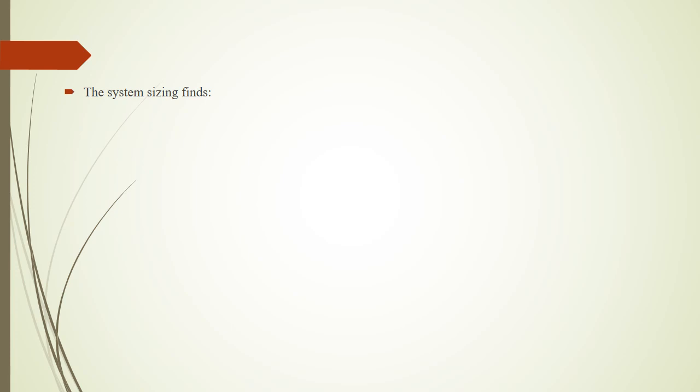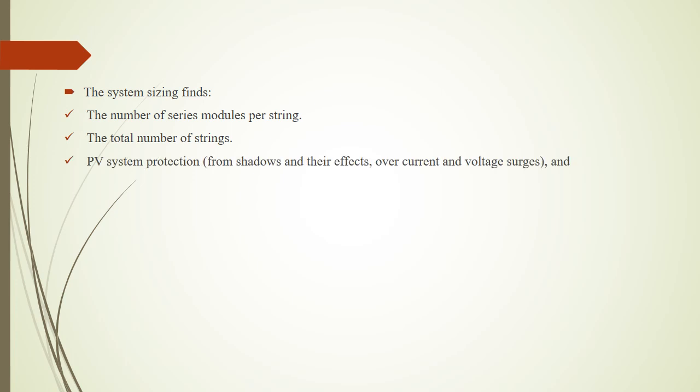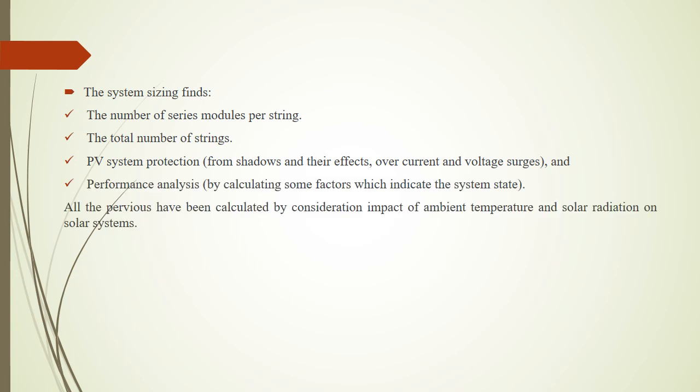The system sizing finds the number of series modules per string, the total number of strings, PV system protection from shadows and their effects, over current and voltage surges, and the performance analysis by finding some factors which indicate the system state. All the previous have been calculated by considering the impact of ambient temperature and solar radiation on the solar system.